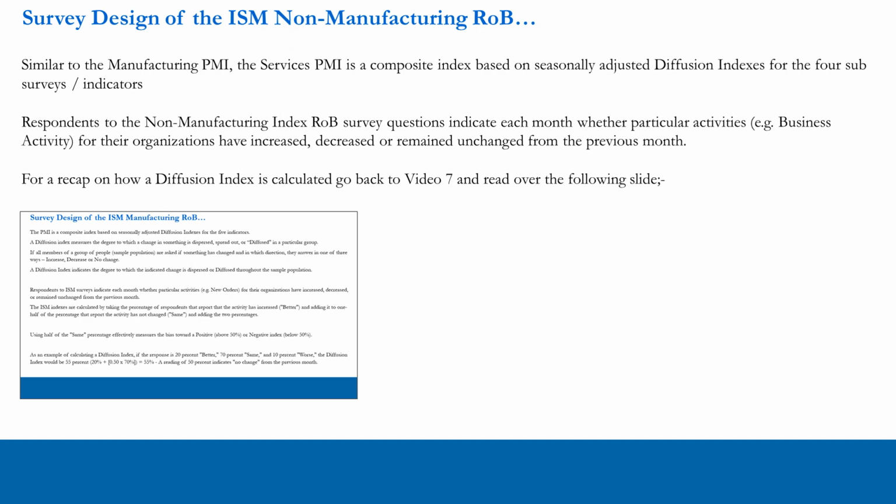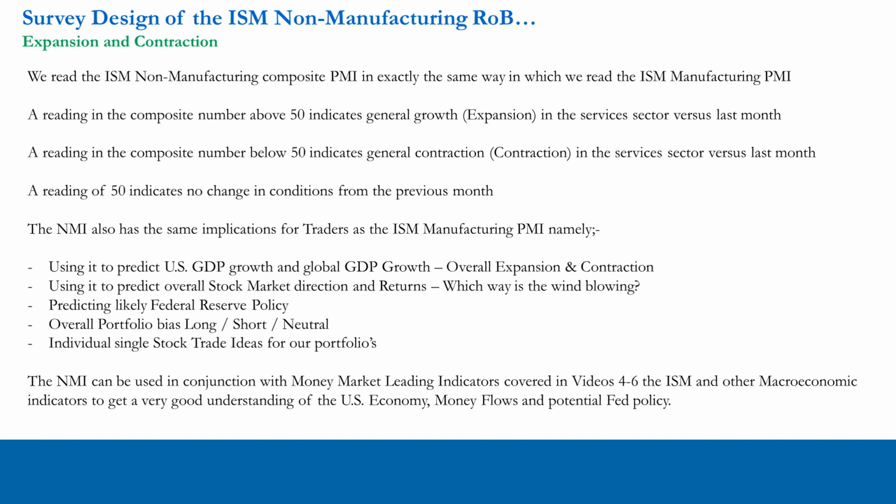Now, in terms of how we read it, it's again pretty much the same as the manufacturing index, just different sub-components. So in terms of expansion and contraction, the 50 level is our important level in the diffusion index and the composite index as well. So we read the non-manufacturing composite PMI in exactly the same way in which we read the ISM manufacturing PMI.